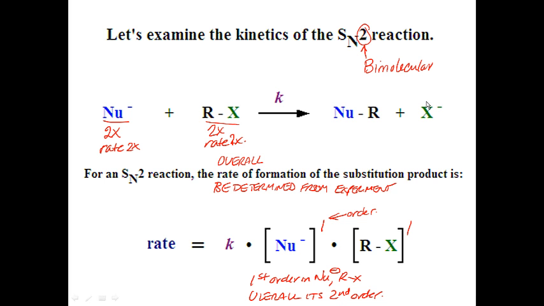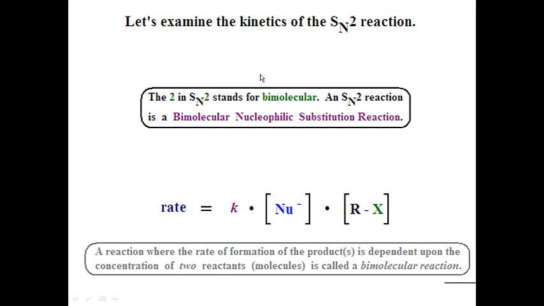Okay, so the way that this works mechanistically is people first determined the rate of the reaction, and then they had to propose a mechanism that would give you an overall second order reaction. And what they proposed was the simplest mechanism, and that's just having the nucleophile attack the carbon and kick off the halogen, and only one elementary step for that mechanism. And so that's what we know as bimolecular nucleophilic substitution.